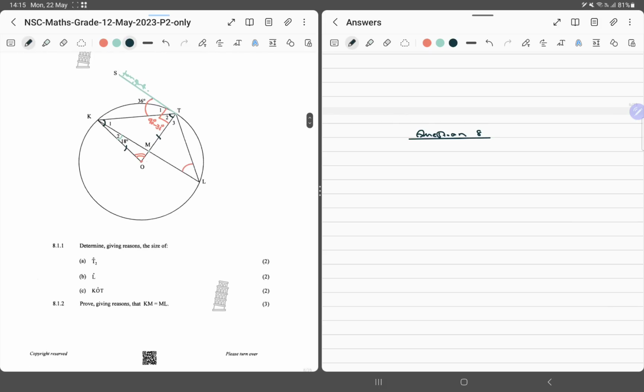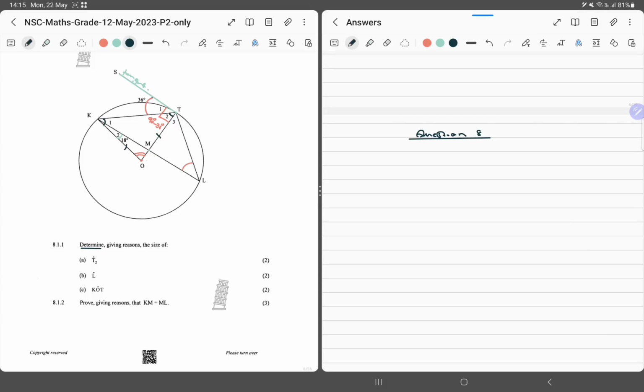Now, let's look at the questions. Determine, giving reasons, the size of... Determination can be by inspection or by some calculation, but here you are supposed to provide a reason for your statements. Now, T2. We can see how T2 comes about. We've already done half of the work, all we do is transcribe it.